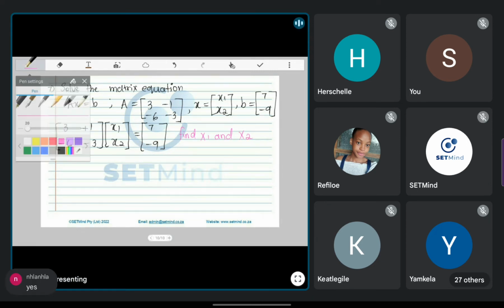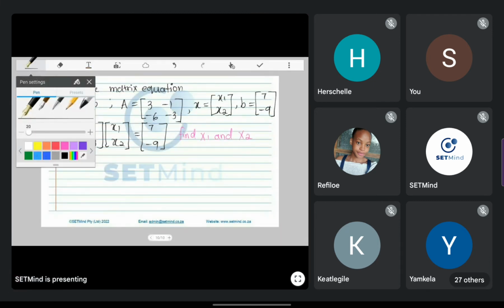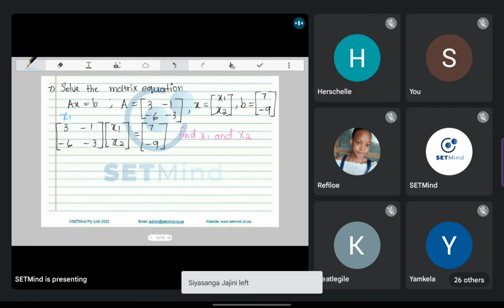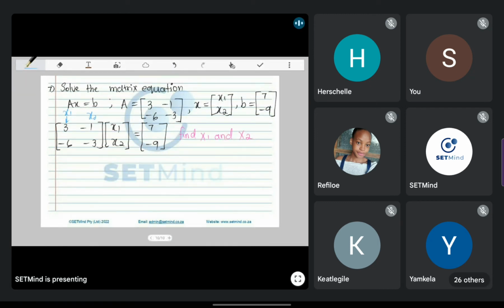So Cramer's rule is saying, if you look carefully here, this is the x1 column and this is the x2 column. Okay, so let's solve for x1 first.